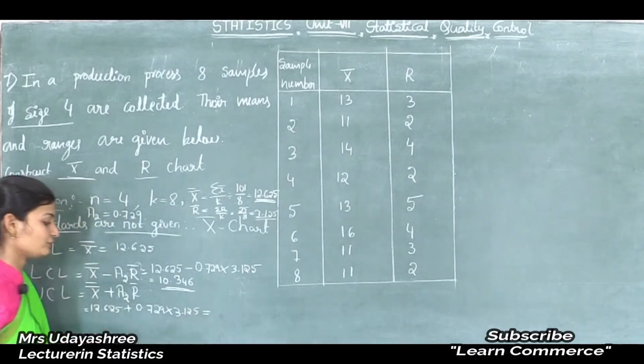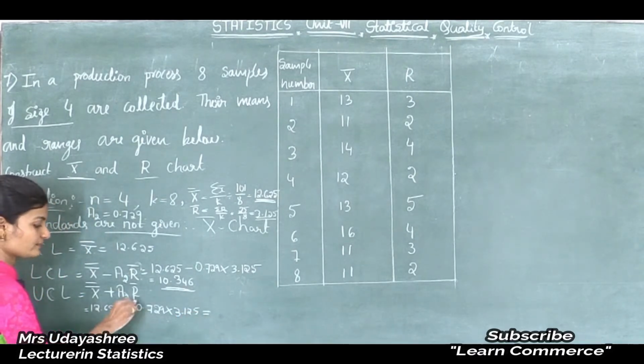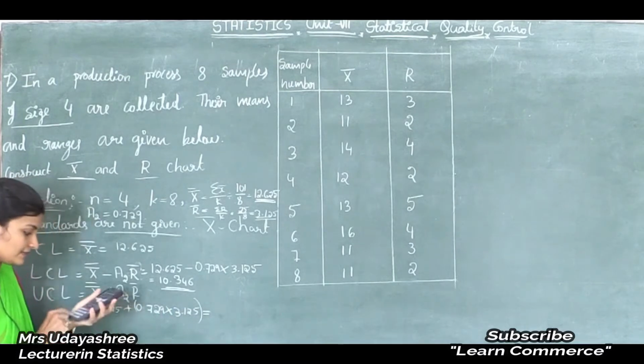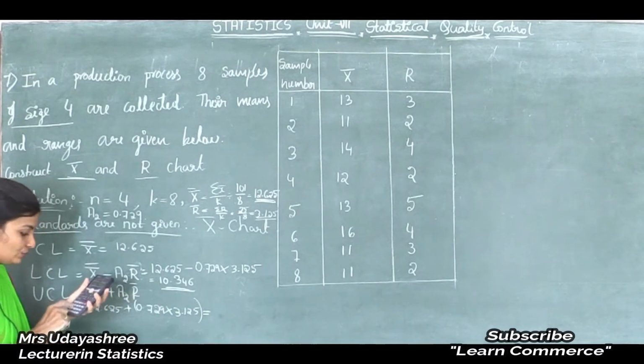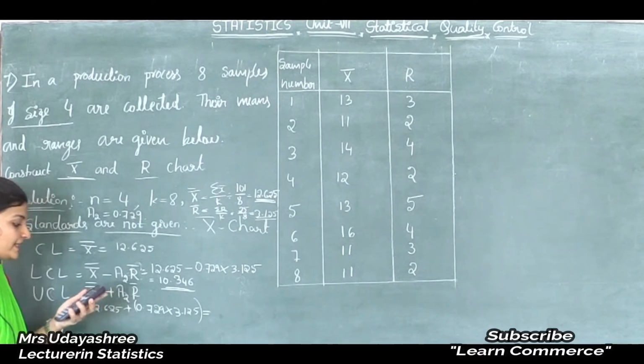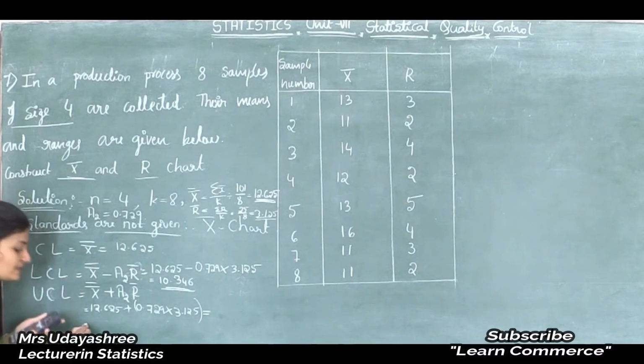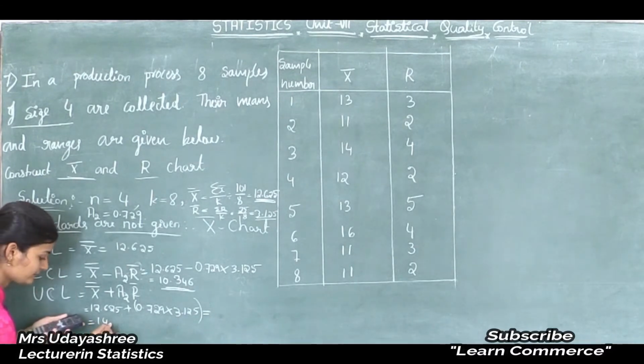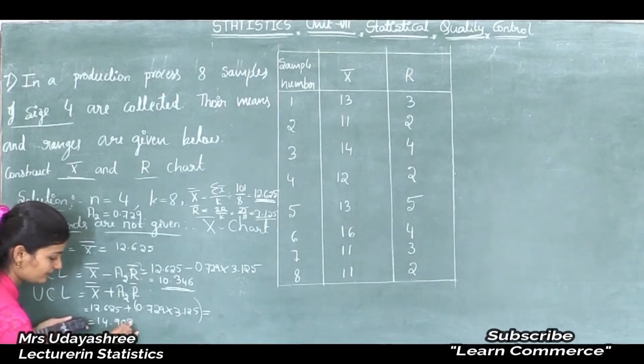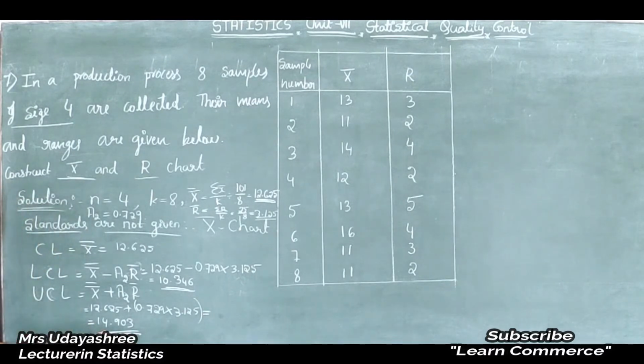First I will multiply these two observations, that is 0.729 into 3.125, that is 2.278. So plus this one, 12.625, that is 14.903. Okay, this is the value for the upper control limit.